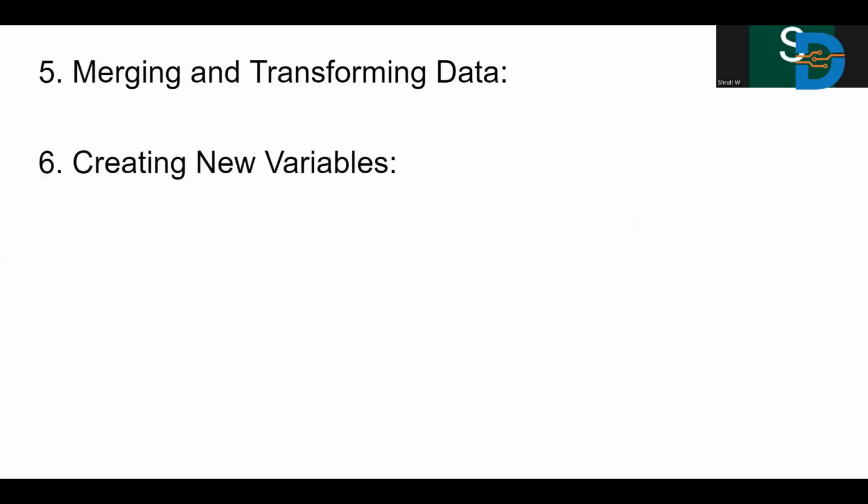Then the fifth one is merging and transforming data. Once your data is formatted consistently, you will need to combine data from multiple tables to create a complete data set for your analysis. You can do this using join operations in SQL, such as inner join, left join, and many more.